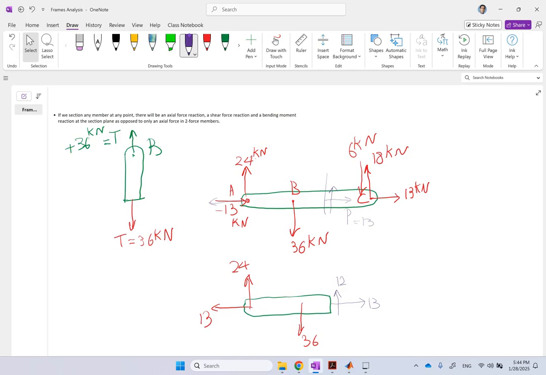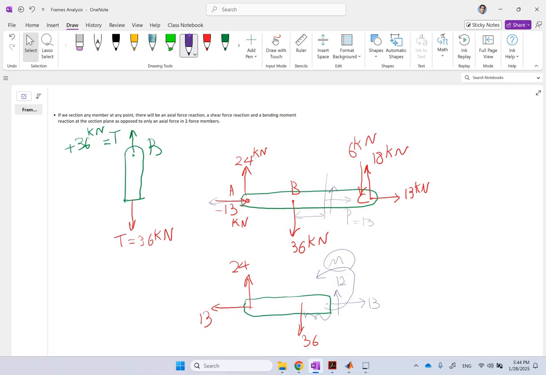And there should be a moment here. So the sum of the moment about this point is 0, because clearly these two won't cancel anymore. And that moment, whatever it is, depends on how long this distance is where we cut. What is this distance? Based on that, we can determine the moment, which I did in my solid mechanics lectures.